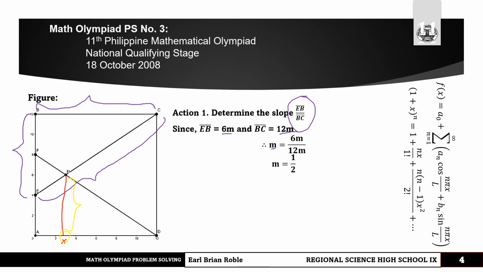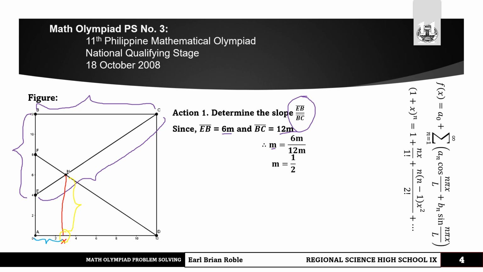Because if we are to find this, it is already telling us the y coordinate, which is 6. But rather, for clear illustration, we are to find this part.